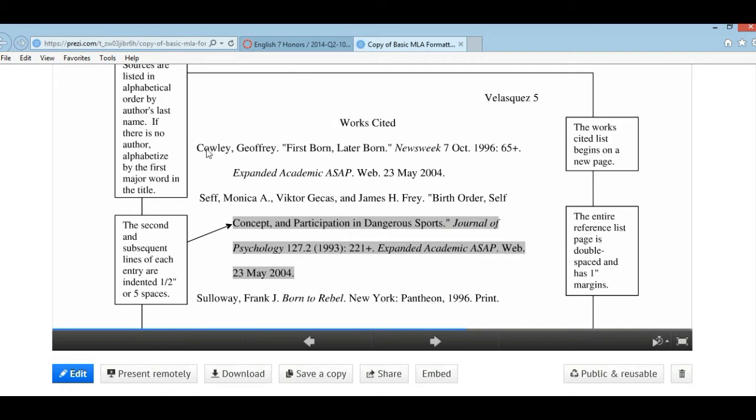So that's an important thing to see. Then the first line for the new entry is not indented. The following lines are indented. Of course, this is highlighted, but this would not be so in your actual essay. And then finally, the first line is not indented.